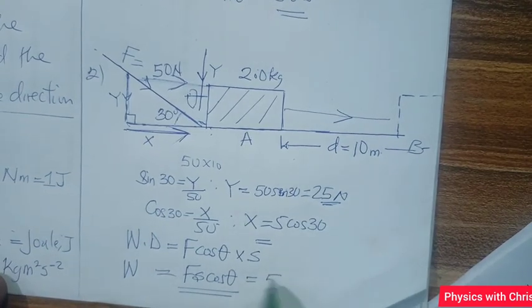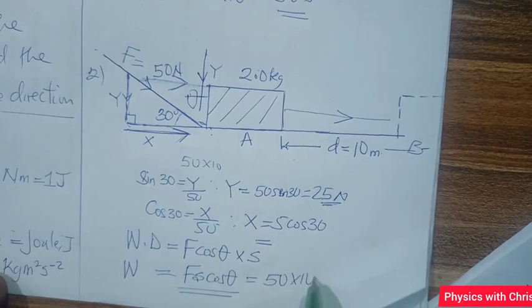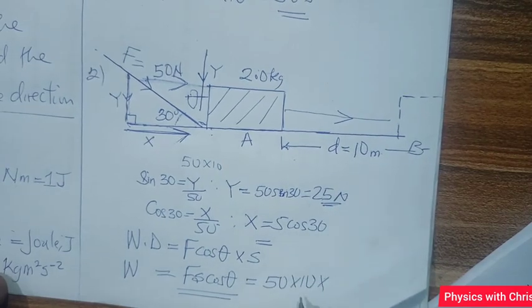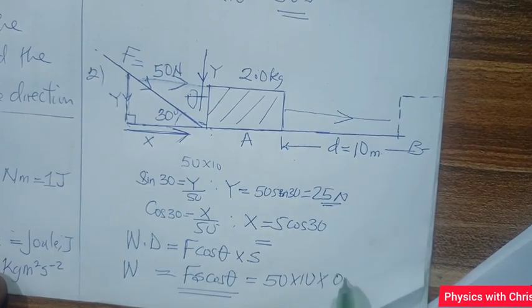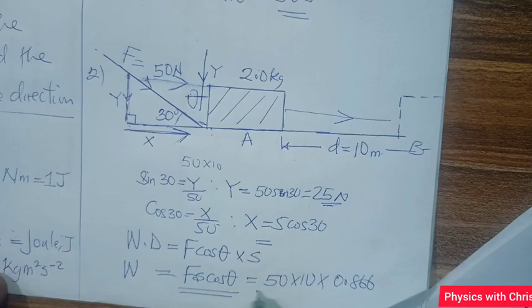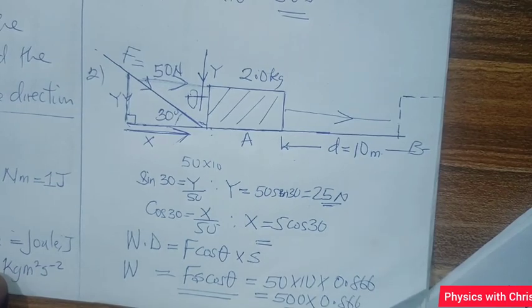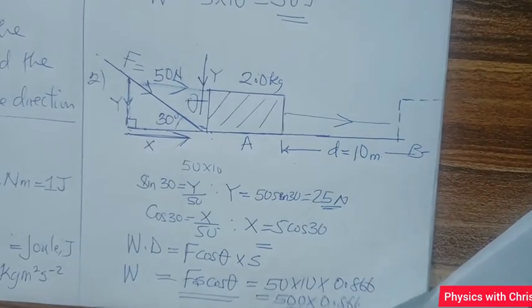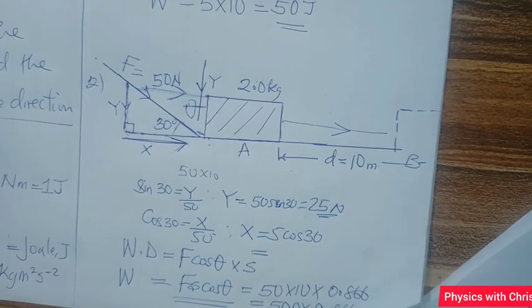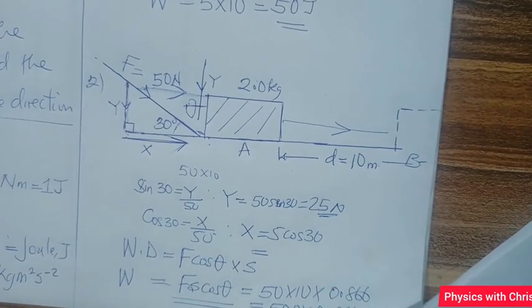I have F as 50. I have my distance as 10 meters, and I have my cos 30, that's cos 30 as 0.8660. So multiplying this together, I have 500 multiplied by 0.866. That gives me the answer 433 joule. That's the work done by the force.